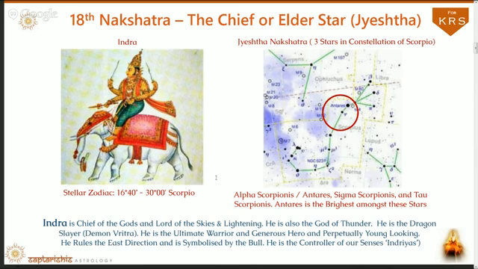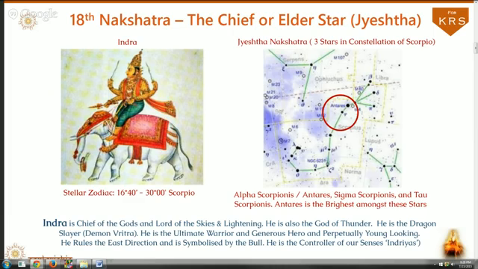People with a strong influence of Jyeshtha show these traits of Indra: self-centeredness, being selfish, wanting everything, dominating, short temper, always wanting to show their supremacy and be called the powerful. But with this also comes a noble trait of protection.